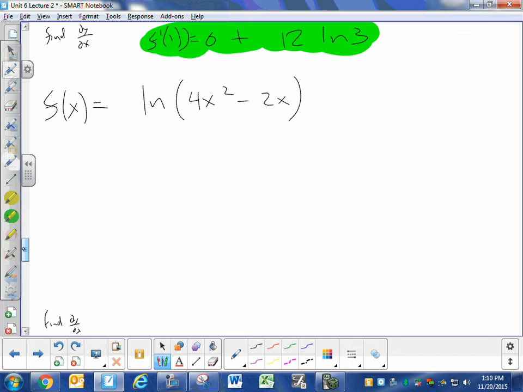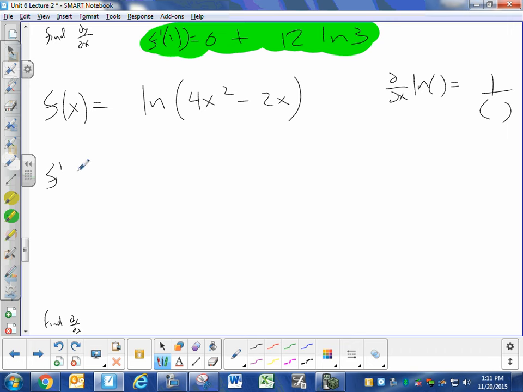Let's find this derivative. Remember, the derivative of log of stuff is 1 over the stuff.